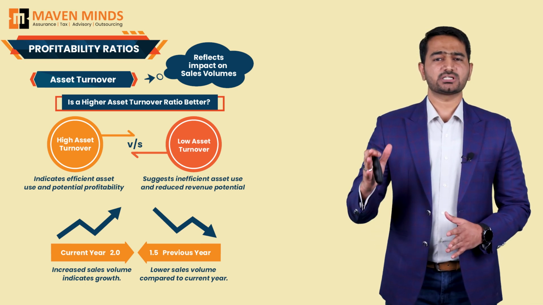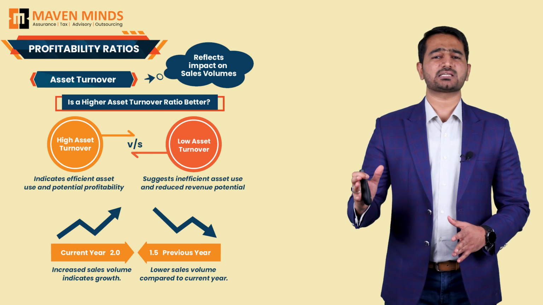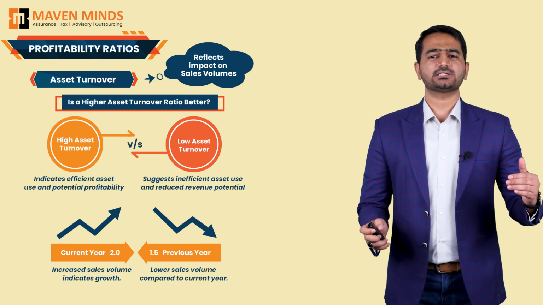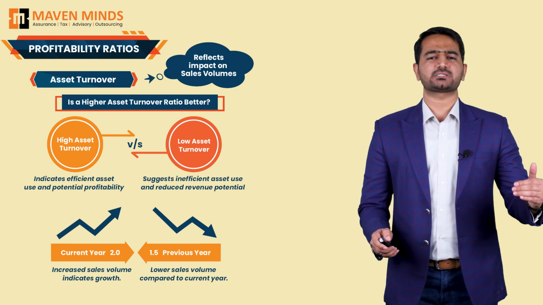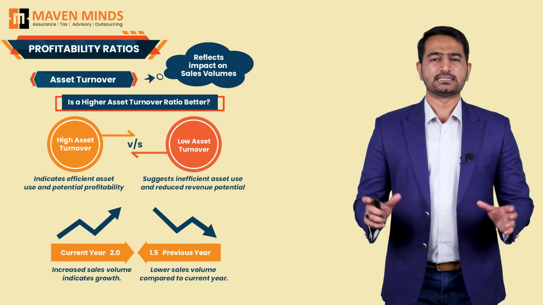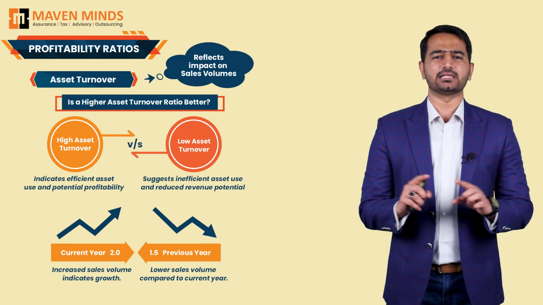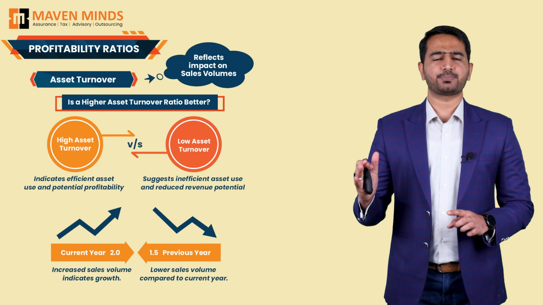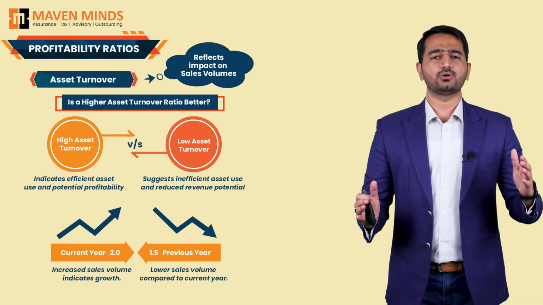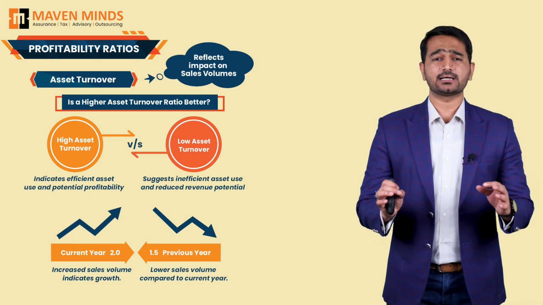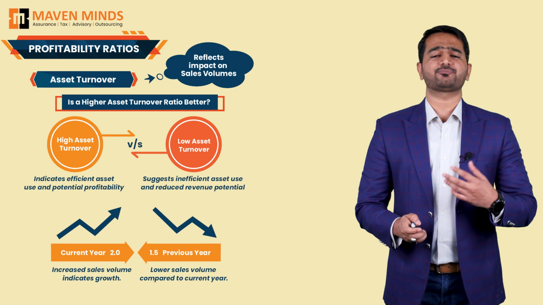Remember, just as gross profit margin tells us about prices, asset turnover specifically informs us about volumes. These two ratios are interlinked. One focuses on prices and the other one on volumes, and both are essential for generating profit from your business.